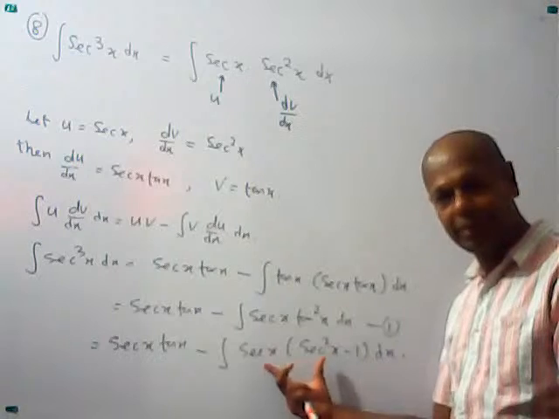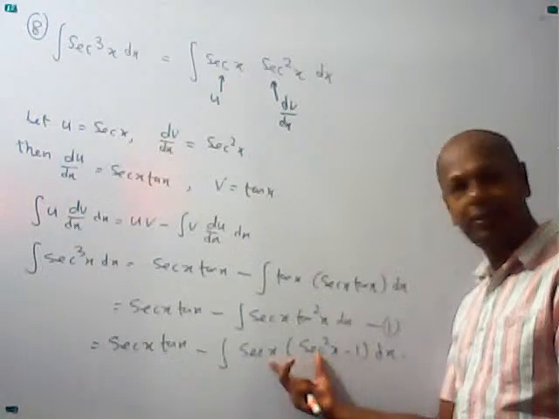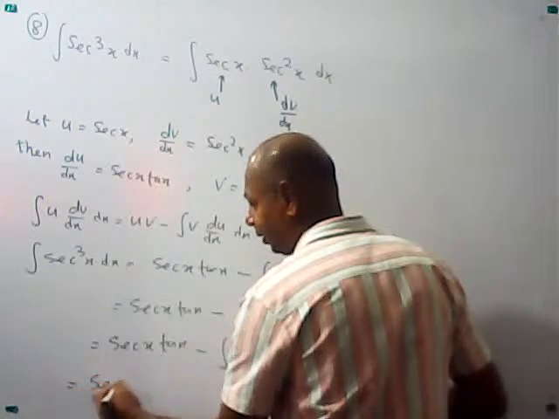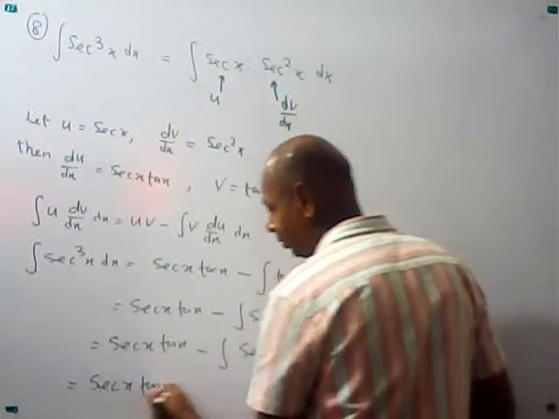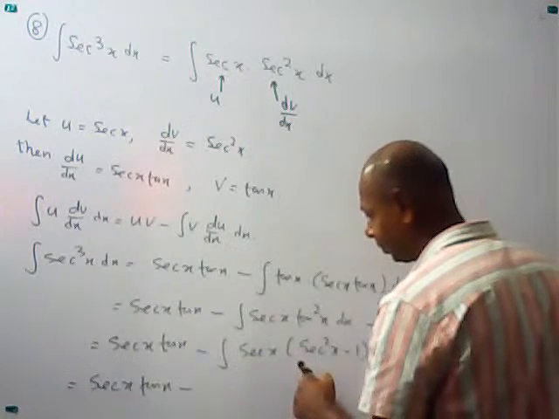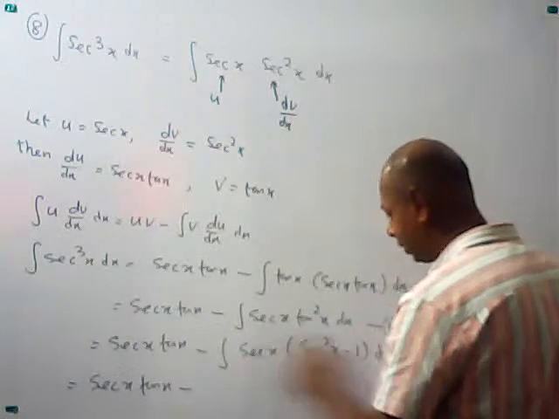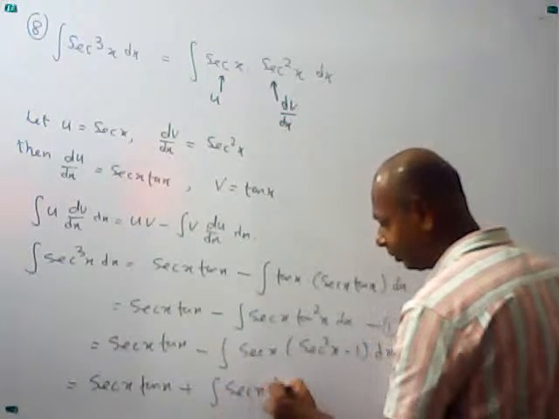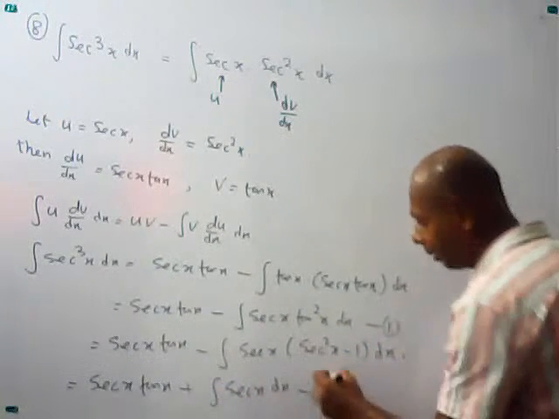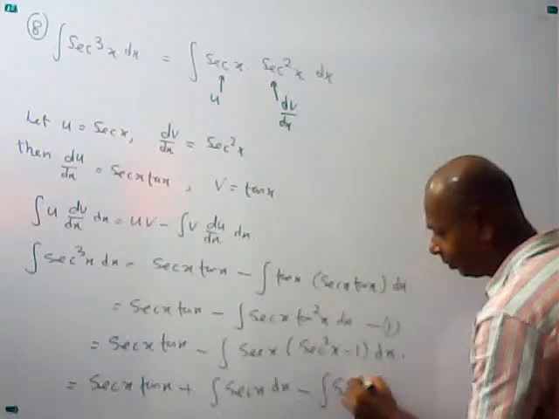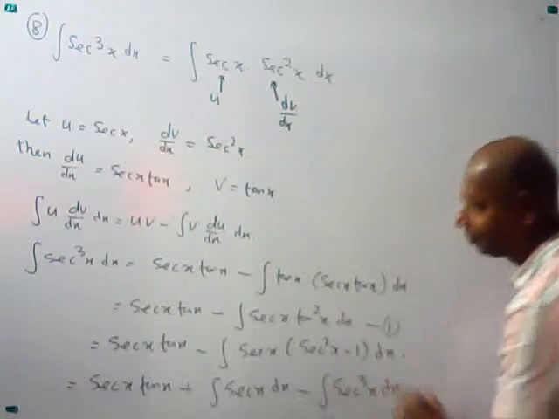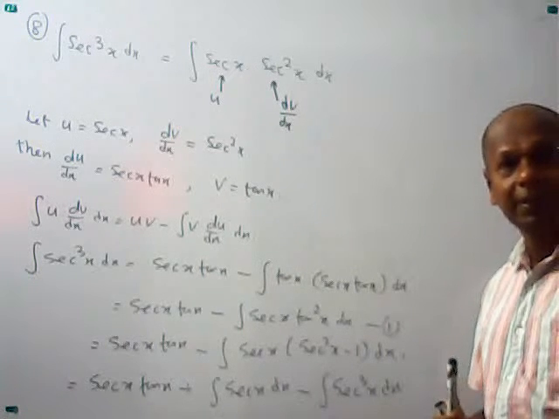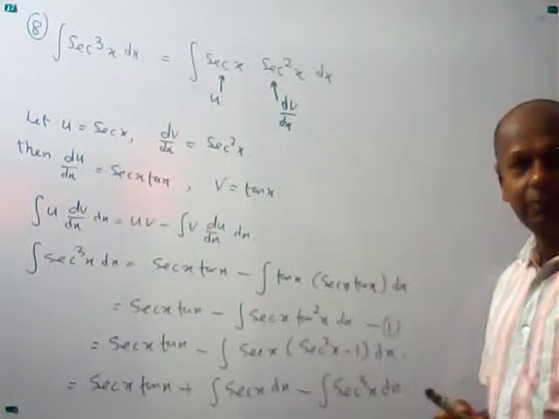It will give something like sec x tan x minus, so this gives plus integral of sec x dx minus integral of sec cube x dx. What do you see here now?